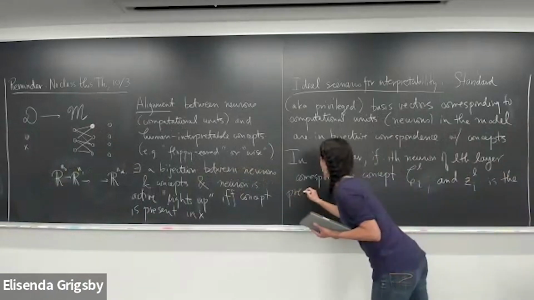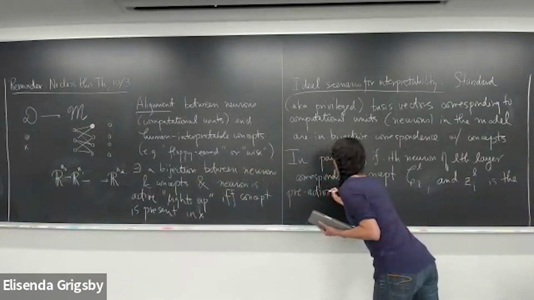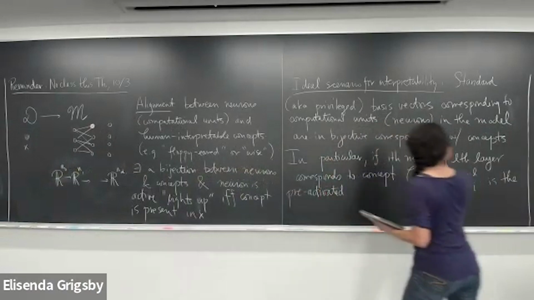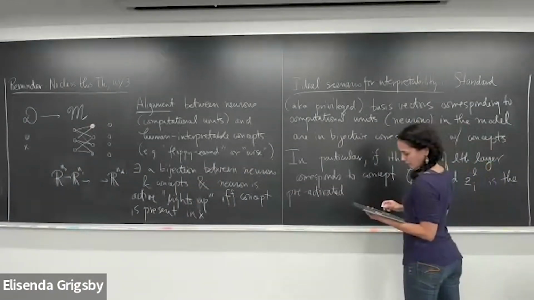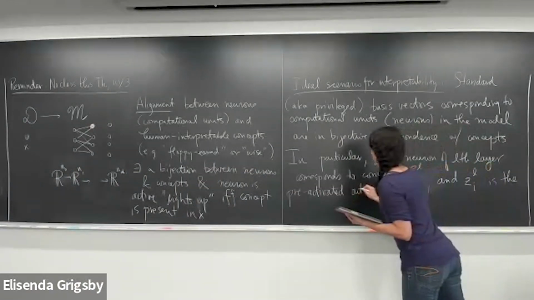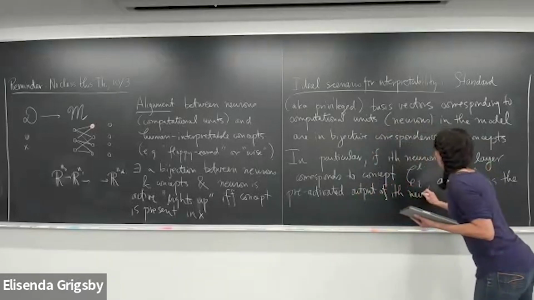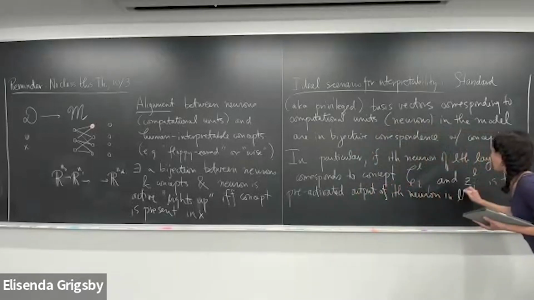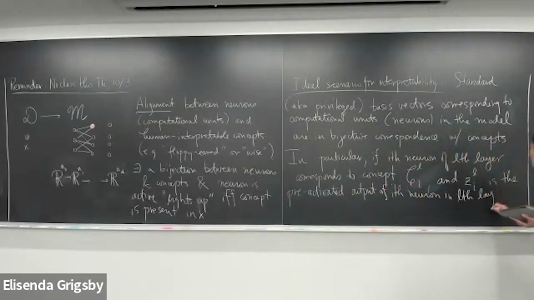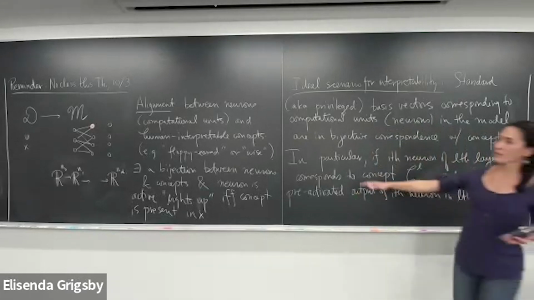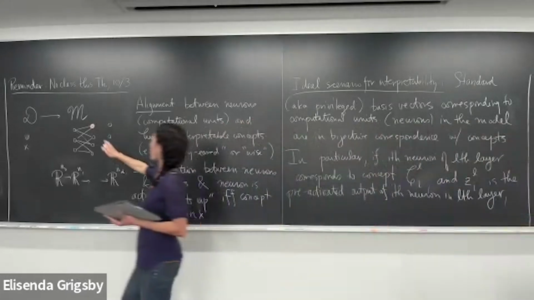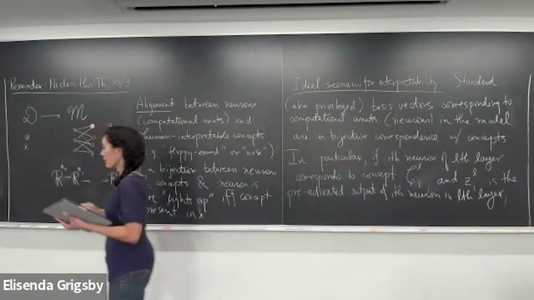Z_Li is the pre-activation output of the ith neuron in the Lth layer. Then what we want is that there's also this alignment between the concepts and the data.